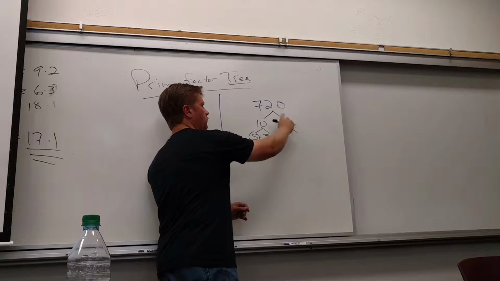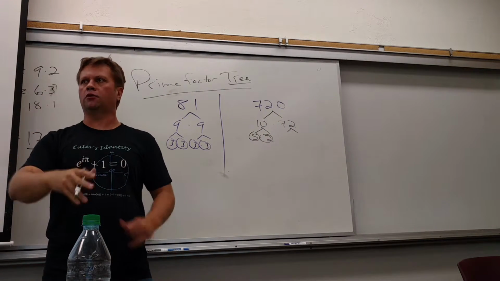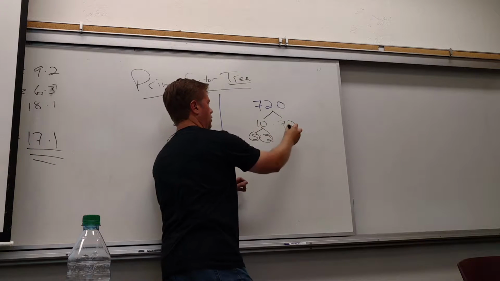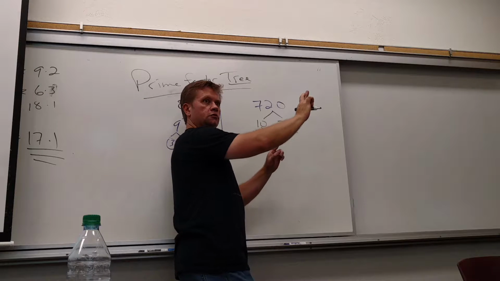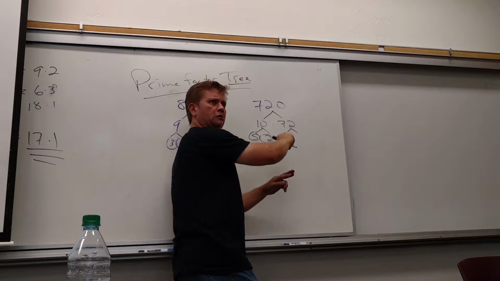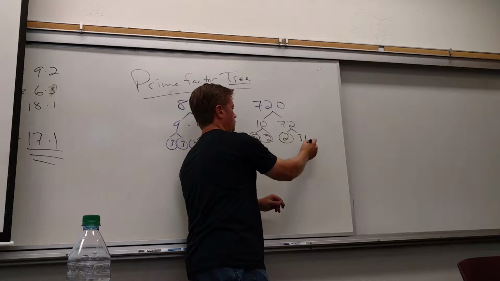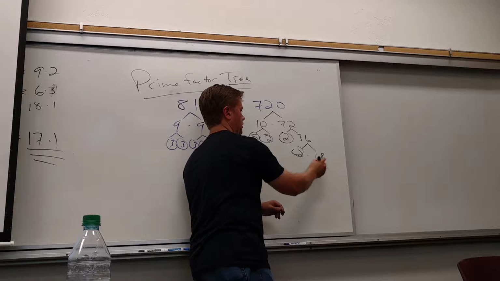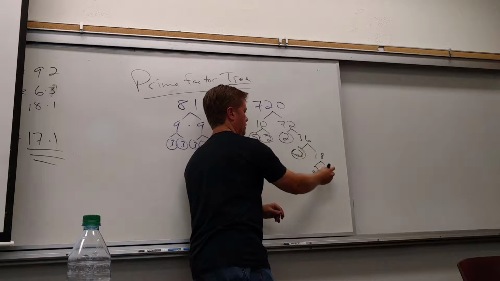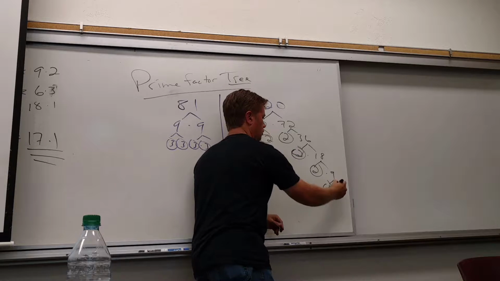And what you can always do, if you're not sure, if it's even, you can just keep dividing by 2 until you can't anymore, and then you got to think about it. So like here, I could do 2 times what is 72? 36. And then 2 times what is 36? 18. And then 2 times what is 18? 9. And then 9 is? 3 times 3.